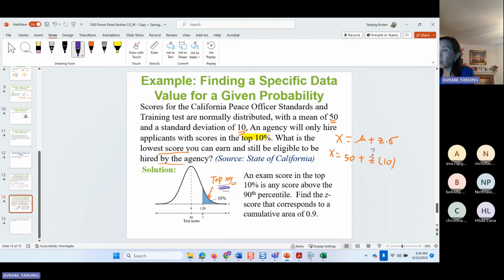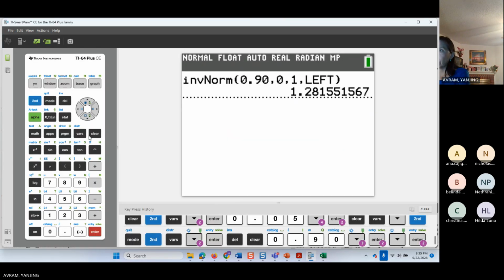This Z-score is 1.28. You can use a calculator to find it. You can find the area to the right if you have a newer version of the calculator, or you can simply calculate that this is 0.1, so the area to the left will be 0.9.